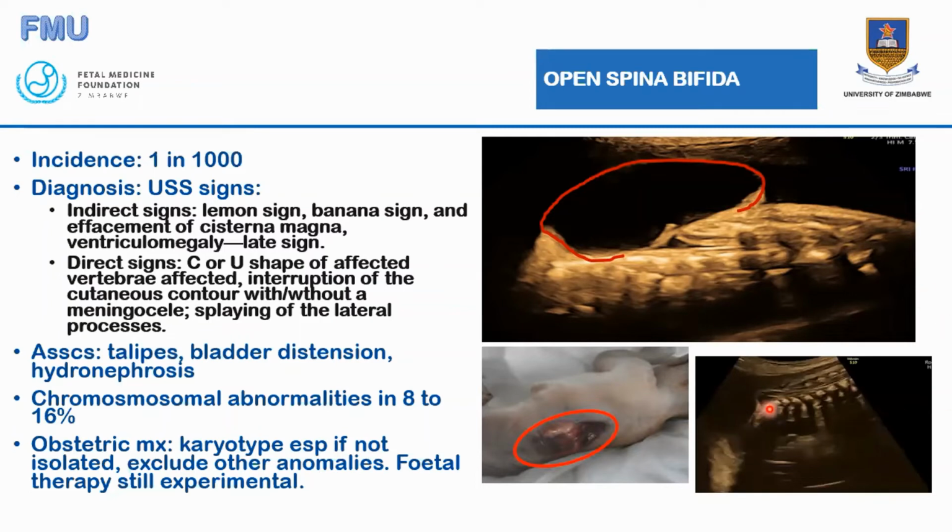This is an example of a more sacrococcygeal one. This was a hidden one. This patient was referred to us because the people who scanned it thought she just had ventriculomegaly. When we looked carefully, we noted that it was just popping out here, right at the more coccygeal area. If you count these bones, probably around L5, S1 it is popping out.